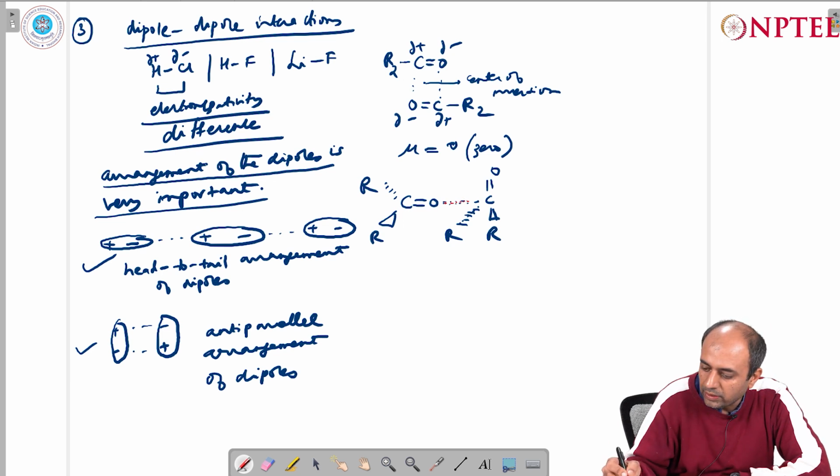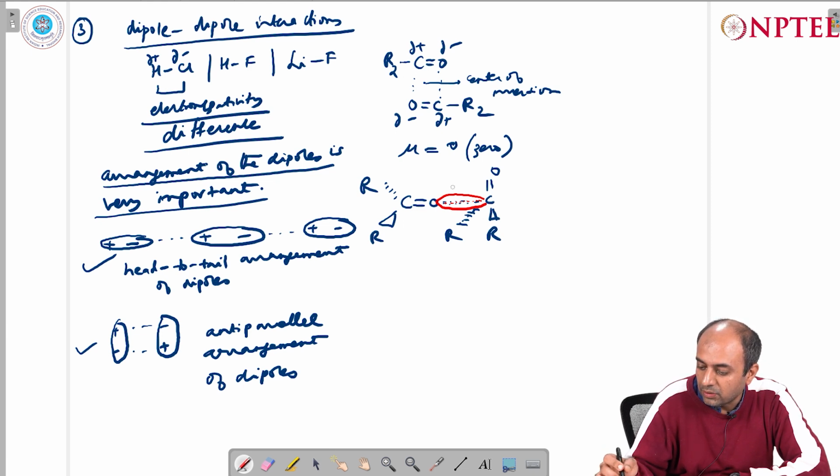This is the non-covalent region where you can see the oxygen, a relatively electron rich region, interacts with a relatively electron deficient region, and there is a certain separation between these two atoms, and depending upon the approach of the lone pair towards the carbon center, this we will discuss later to what extent this approach takes place.